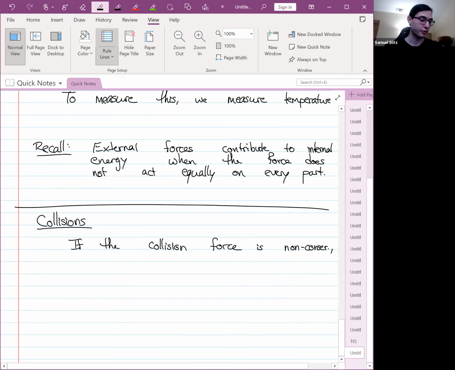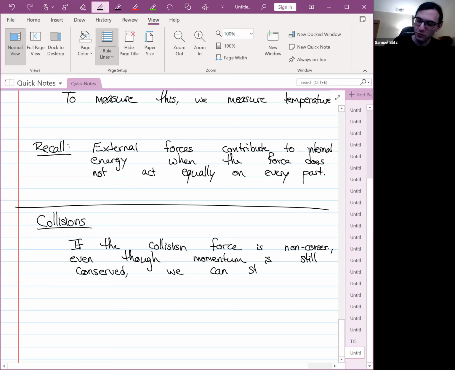Even though momentum is still conserved, if the force is non-conservative, we can have a change in thermal energy that's not zero. Which is to say, if the internal forces are non-conservative, then you can lose energy to thermal energy.